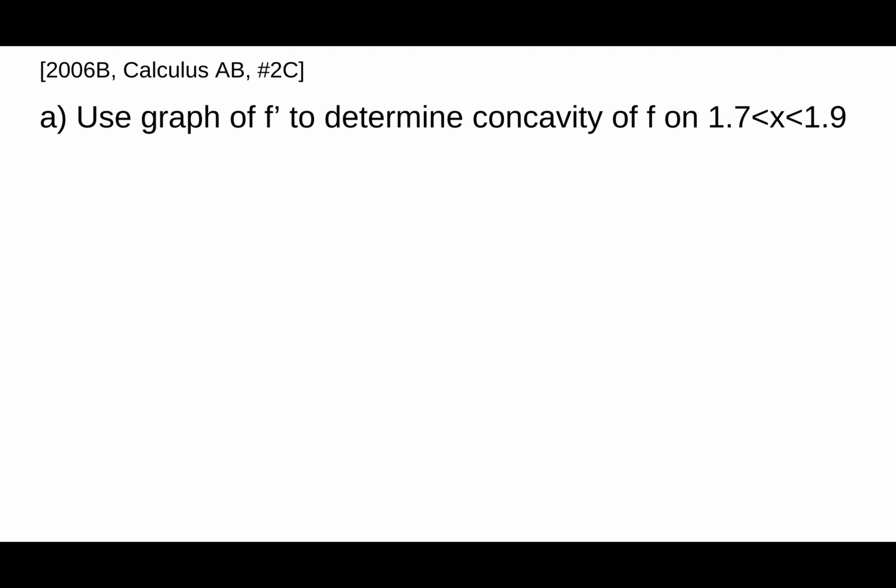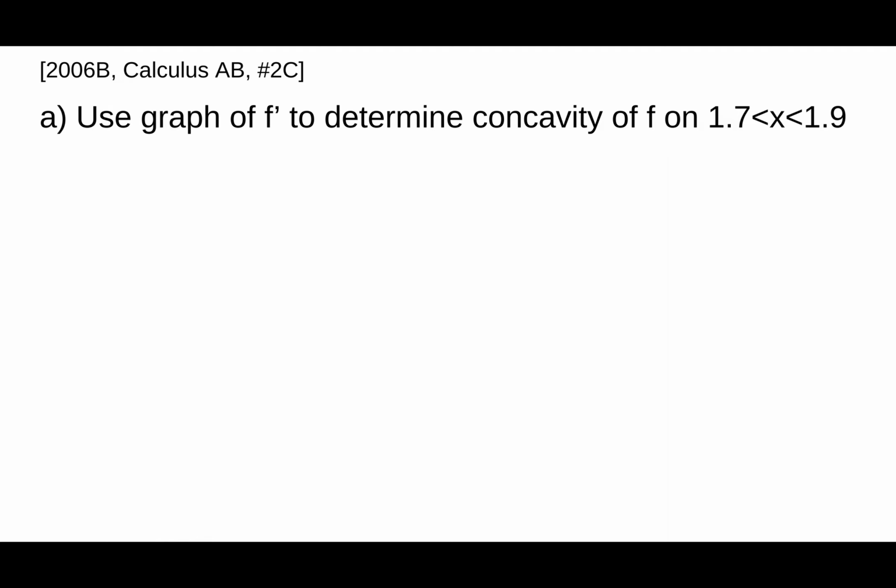So we have to make a connection between the graph of f prime and the information we want about the second derivative of f, so that we can make a determination about the concavity of f. And this is pretty typical. In order to justify our conclusions, we have to use the information that we're given. We can't just talk about the second derivative of f as if it's something that we know.